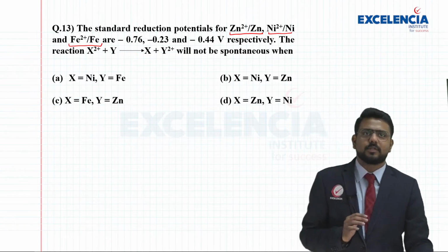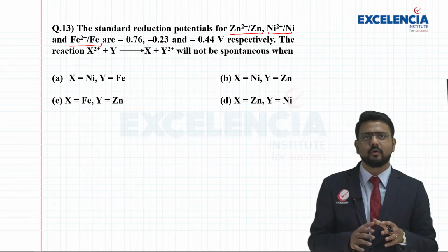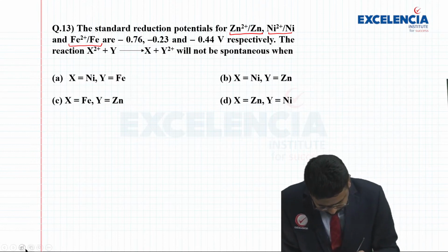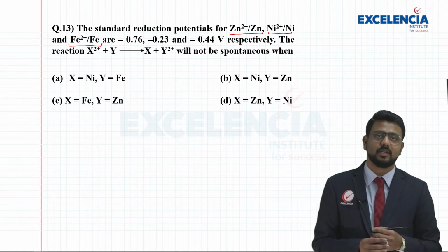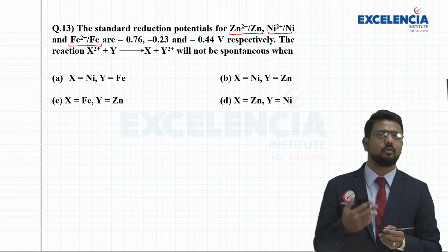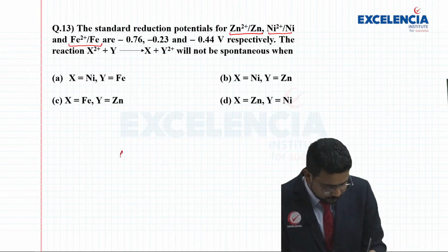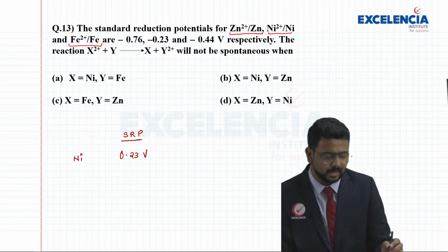Now first and foremost thing, let us try to arrange these elements as per their increasing or decreasing order in the EMF series, okay. So the very first element here which will be appearing in the EMF series will be the one which has got relatively higher reduction potential, right? So I put this as negative 0.23 volts. This is basically your SRP value, okay, standard reduction potential, and without any doubt this is for nickel.